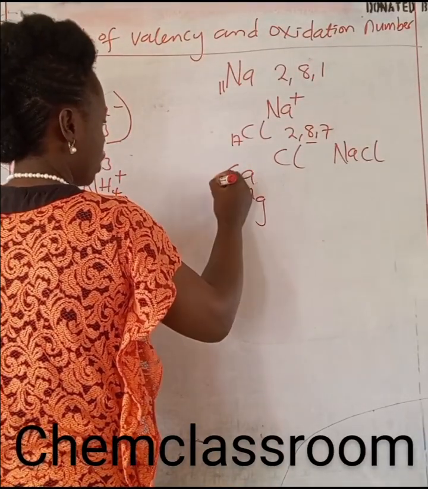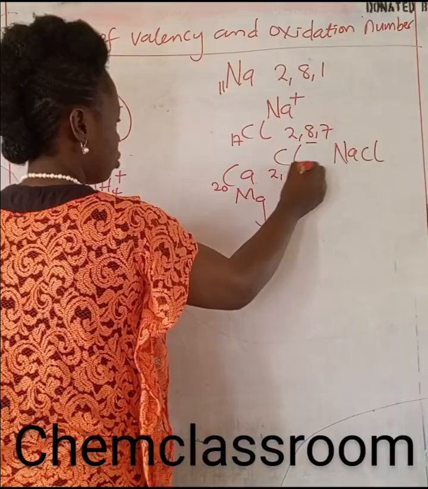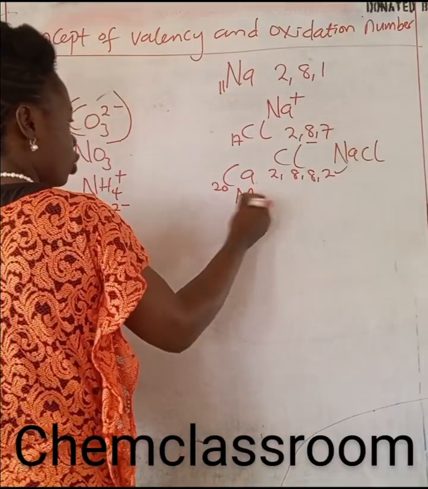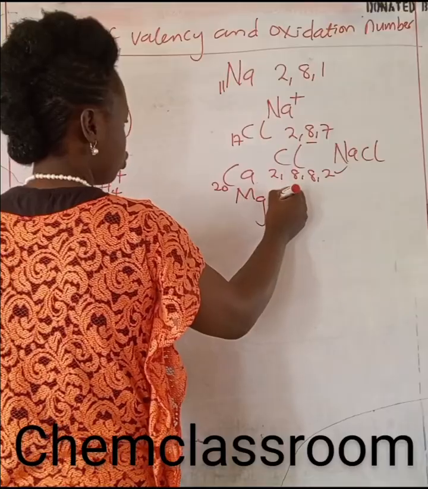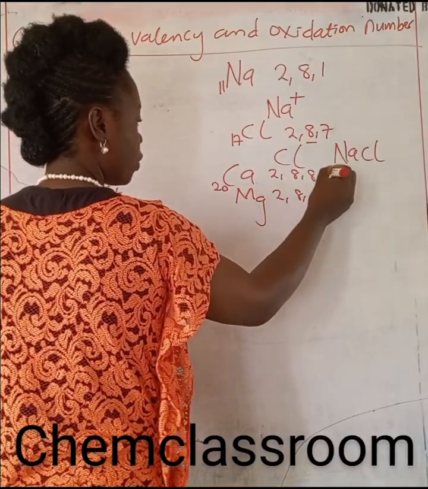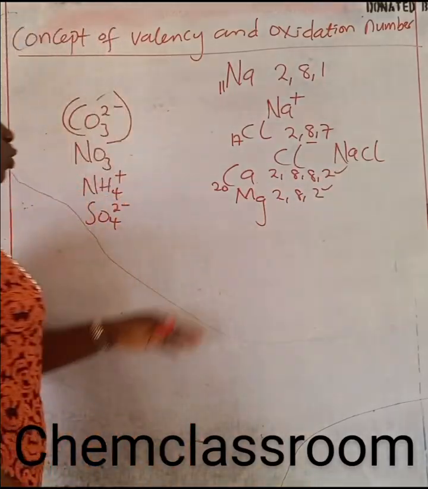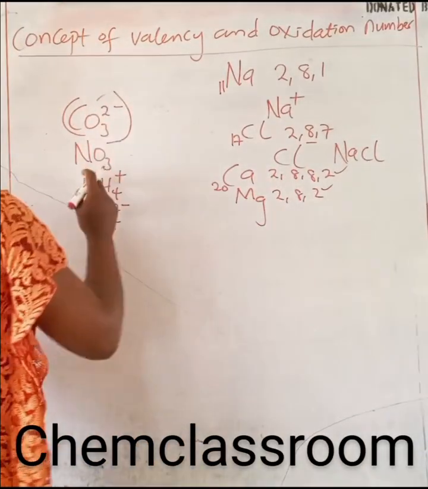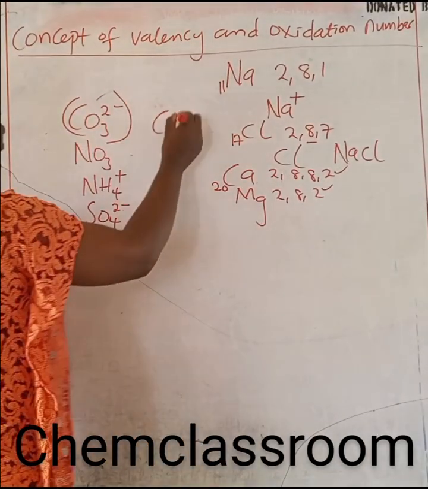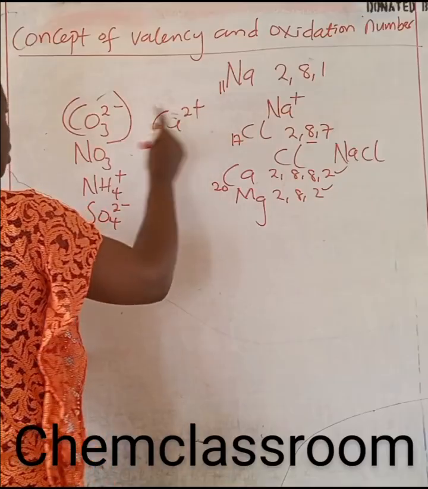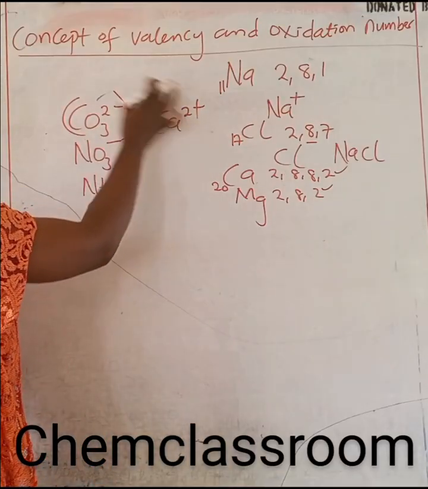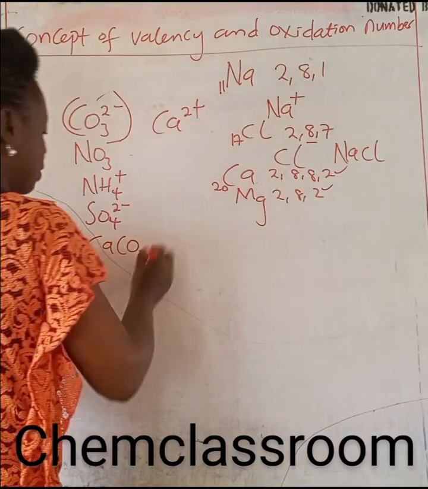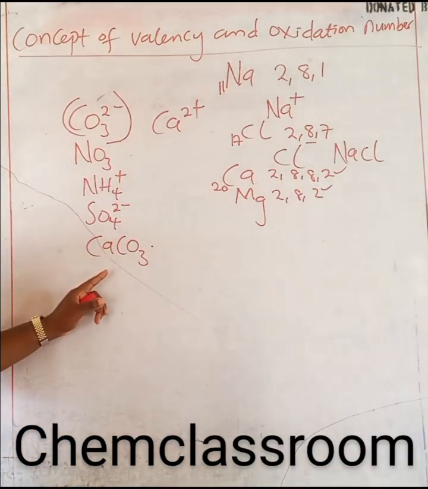Calcium is 20, 2, 8, 8, 2. So calcium will be willing to give out these 2. Also, magnesium, 2, 8, 2, will be willing to give out these 2 electrons. When that happens, you have calcium 2 plus, and with this, they will cross out each other. So that is how our calcium carbonate is formed.